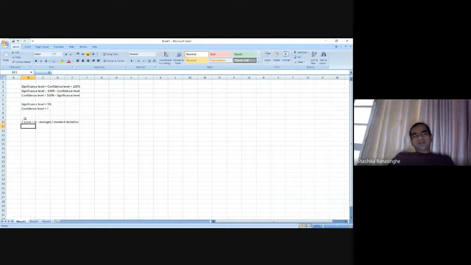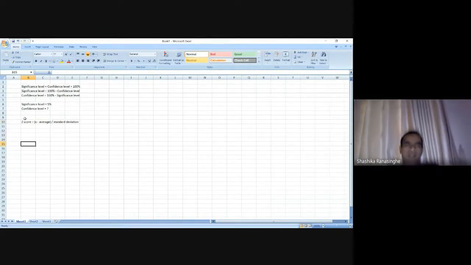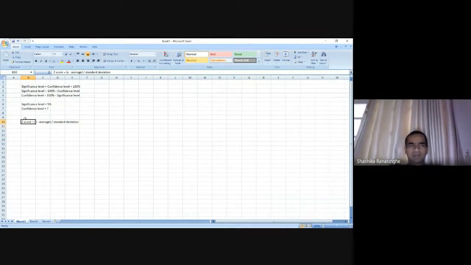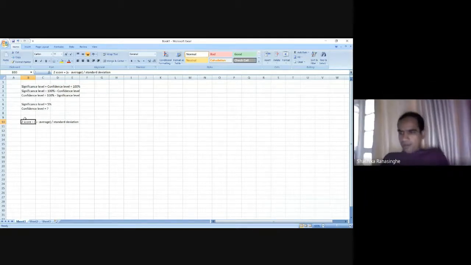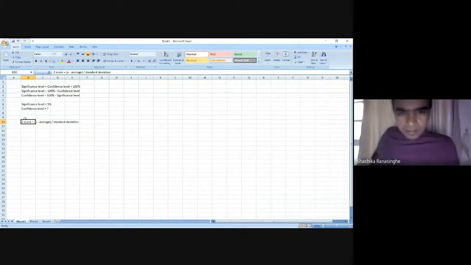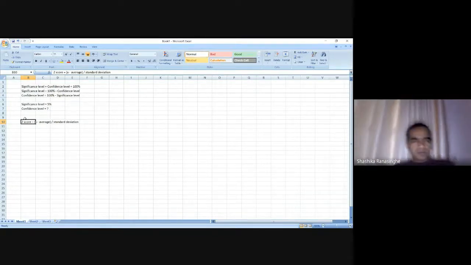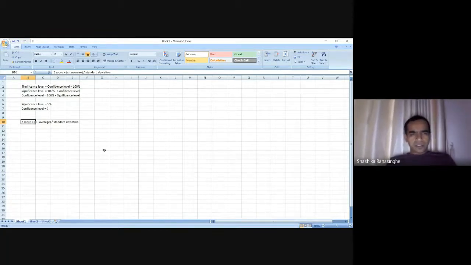That is how you measure the Z score. It is the value minus the average divided by the standard deviation, right? Now, I'm not going into great detail because all you need to know is how to calculate. So far, there have been no questions on Z scores or on value at risk.